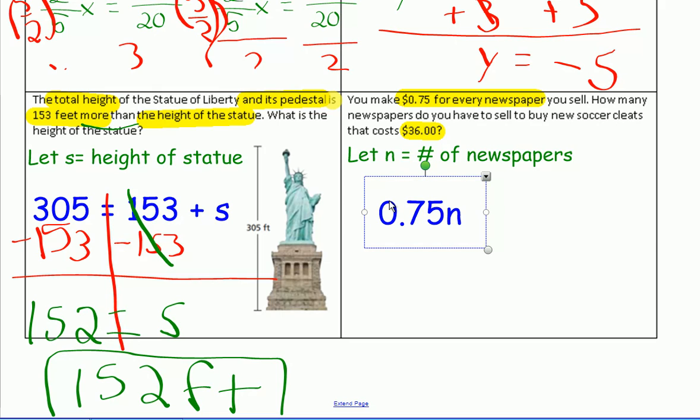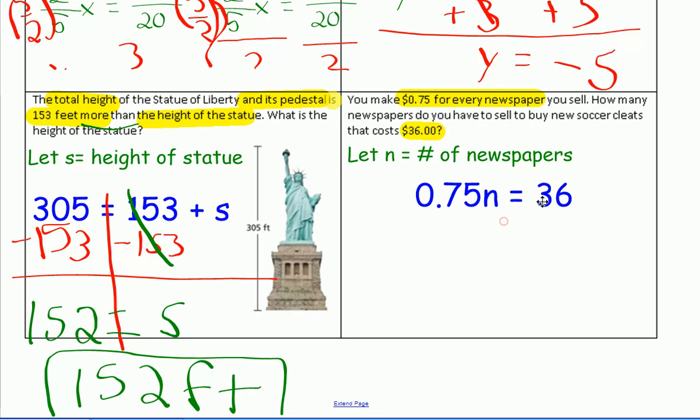That's how much I make. And I want to know how many newspapers I will sell if I want to buy soccer cleats that cost $36. I have to set this equal to $36 in order to figure out how many newspapers I need to sell. I get 75 cents for each newspaper that I sell, and I want to equal $36. It's how much money I want to have.